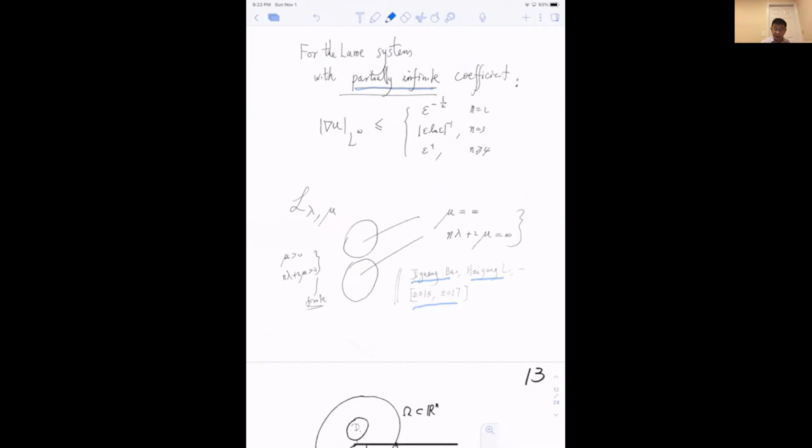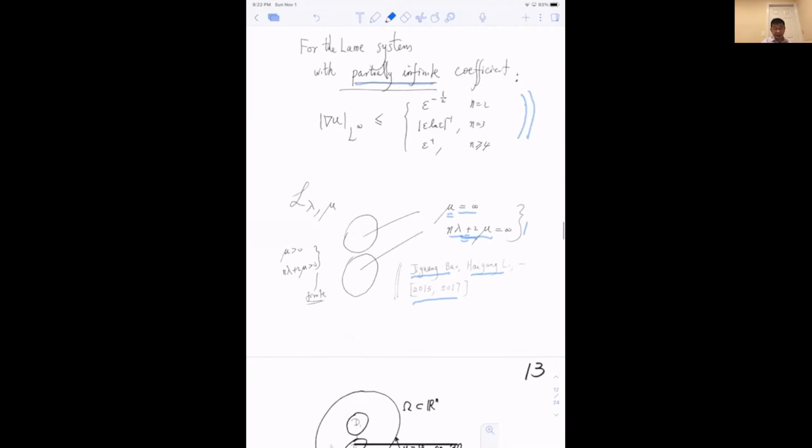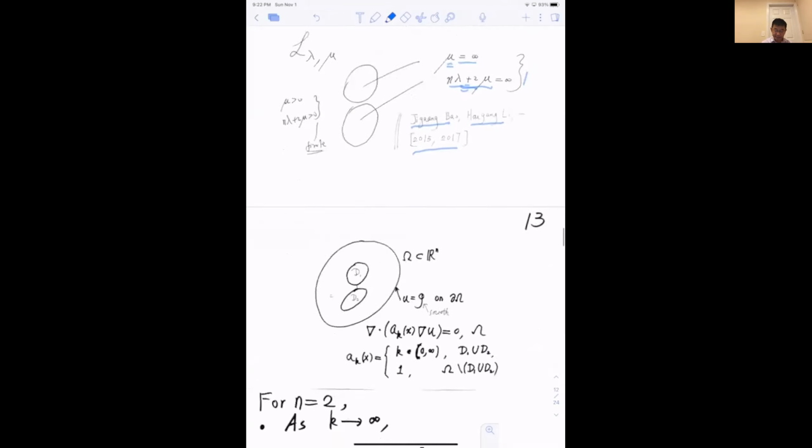In some sense, it's like mu equal to infinity and this is equal to infinity. Or you take these two parameters going to infinity, you look at a sequence of solutions, they will have a limit, and you call that limit the solution. So in that case, we proved these bounds. These are like the equation case upper bounds.